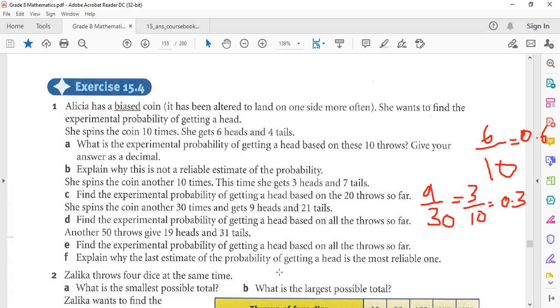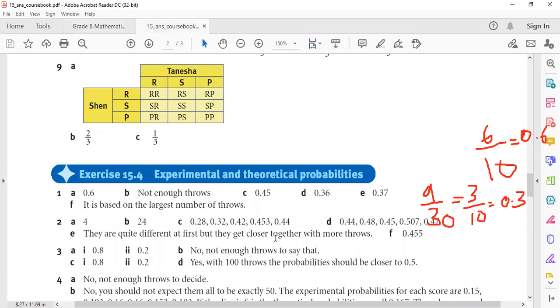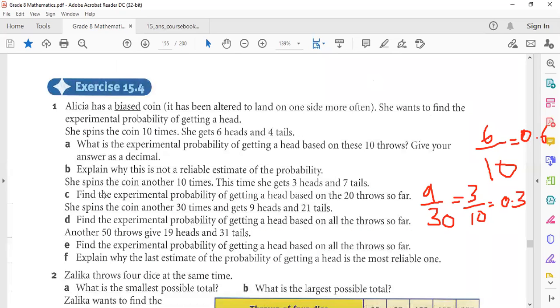Let me show you. 18 divided by 50, that is equal to 0.36. That is for D answer. And here 9 divided by 30.